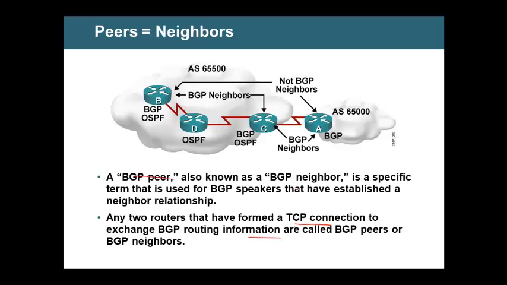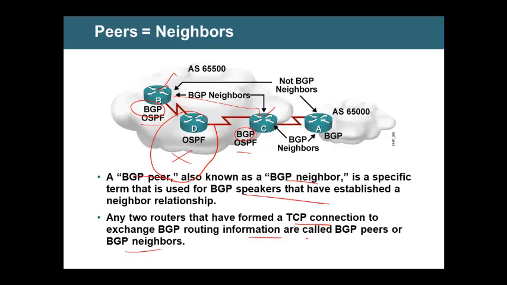Here you can see BGP between B and C. Can they form a neighbor? Of course they can. Even though there is no BGP here, B can form a neighbor with C because B and C are already reachable via OSPF. With the help of reachability, you can do the three-way handshake, isn't it?